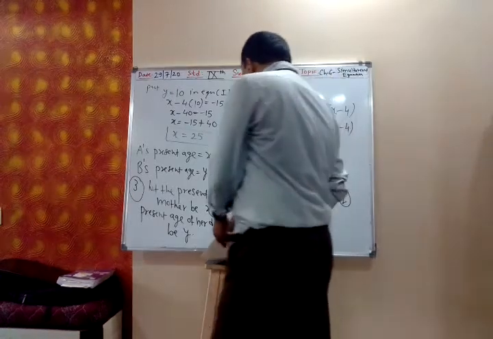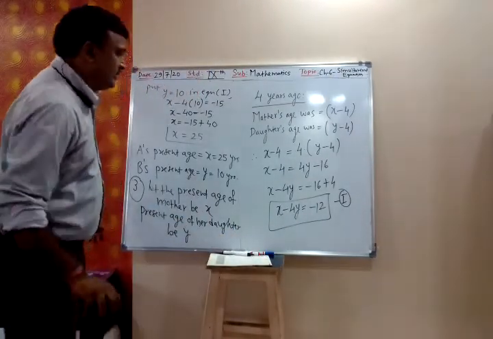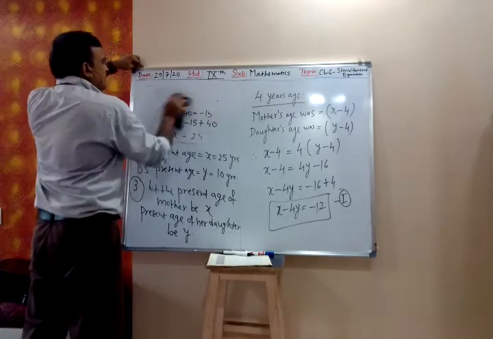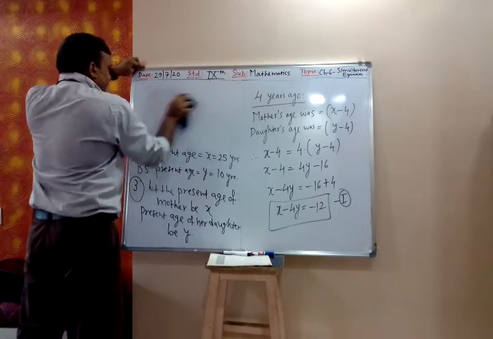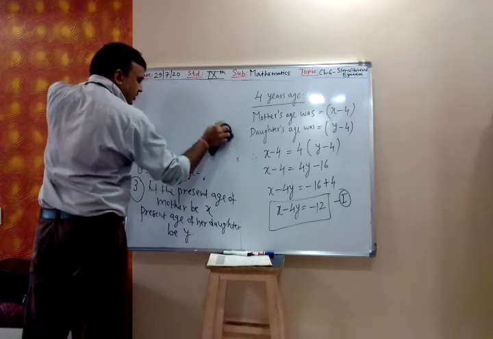Then what is the additional condition given? 6 years later. 6 years hence, or you can say later, or you can say after. Later means after or hence.